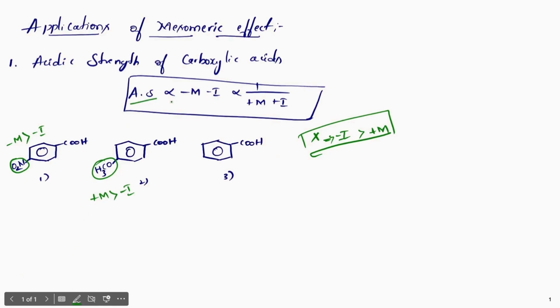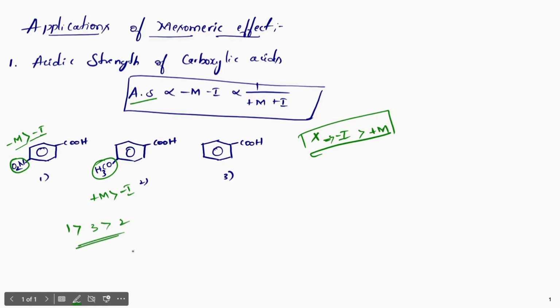Acidic strength is directly proportional to minus M effect and minus I effect, and inversely proportional to plus M and plus I effect. Since minus M and minus I both operate on the first one, it is more acidic, and plus M decreases the acidic strength. Therefore next is third and next comes second.